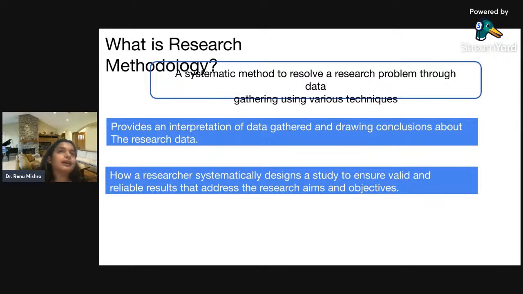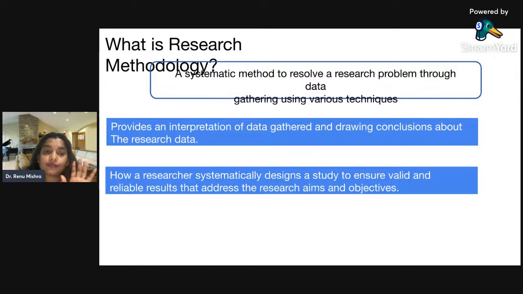Whether you want to identify the relationship between two variables, or understand to what extent they are related, or whether they are related or not, or what is the influence of one variable over another.